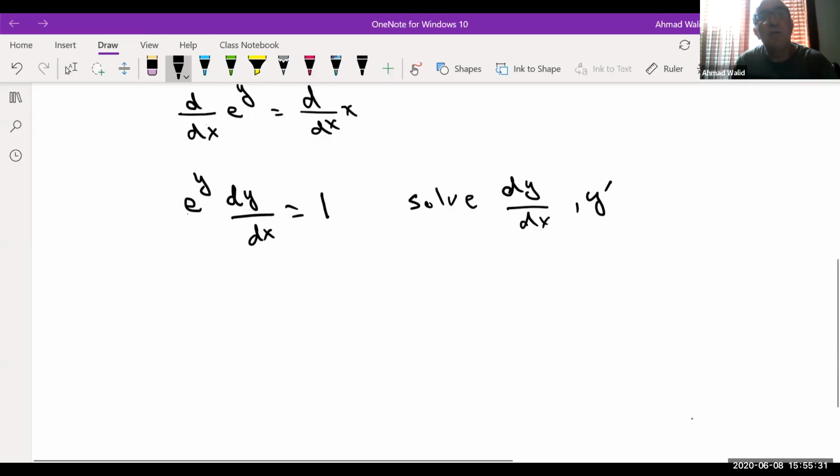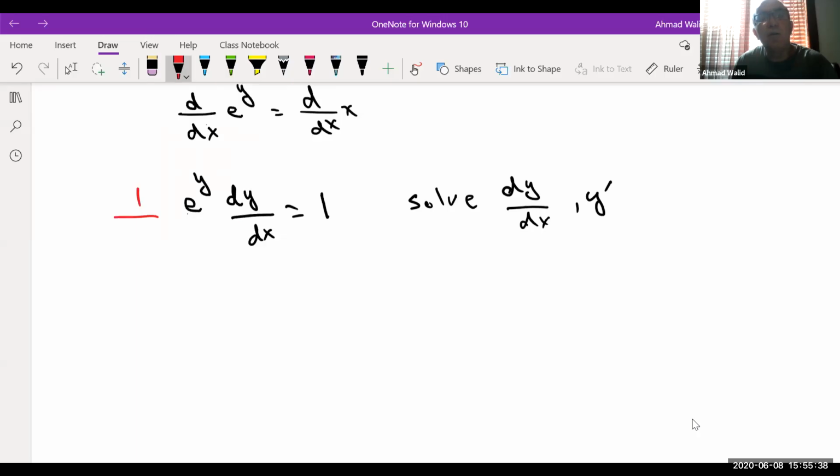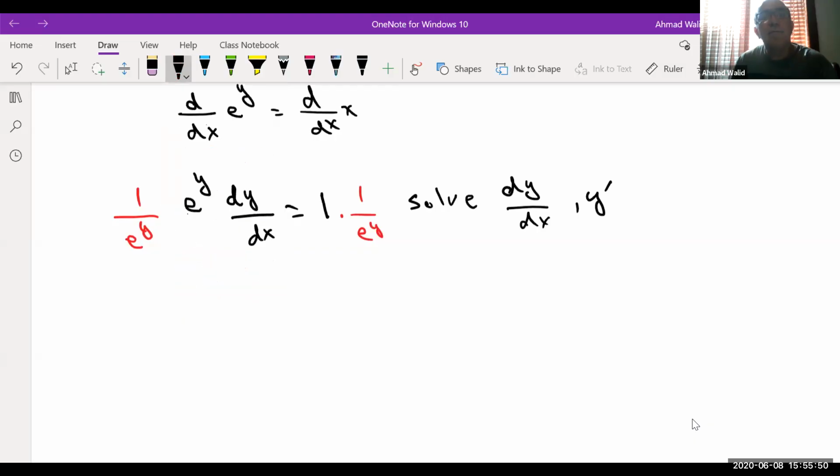To remove e to the y, I will multiply both sides by 1 over e to the y. After you multiply, these two cancel out. Dy dx equals 1 over e to the y.